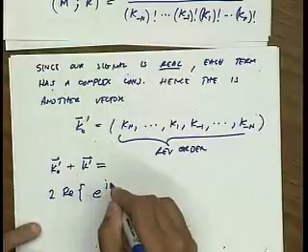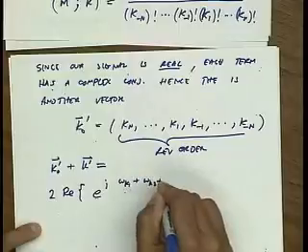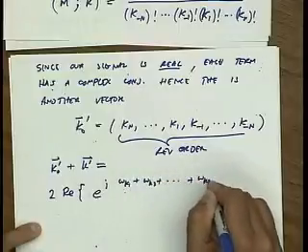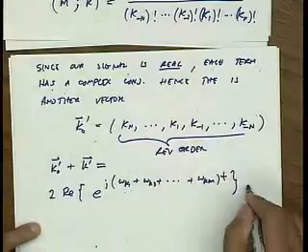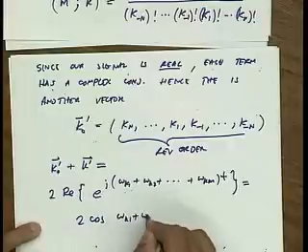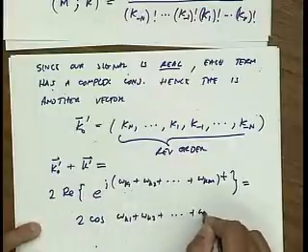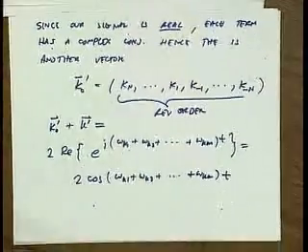So I get twice the real part of omega k1 plus omega k2 plus omega km t, which of course is just 2 cosine omega k1, omega k2, omega km t. Okay?